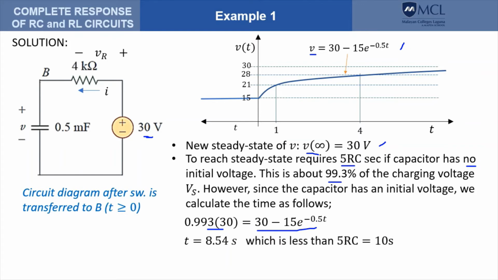So we will get around 8.54 seconds, which is actually less than 5 RC, which is 10 seconds. We can make a double check by computing for the voltage at 8.54 seconds, and that should give us this value, which is very near to the steady state of 30 volts.